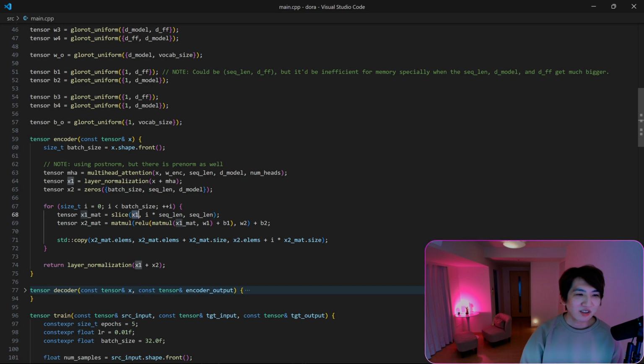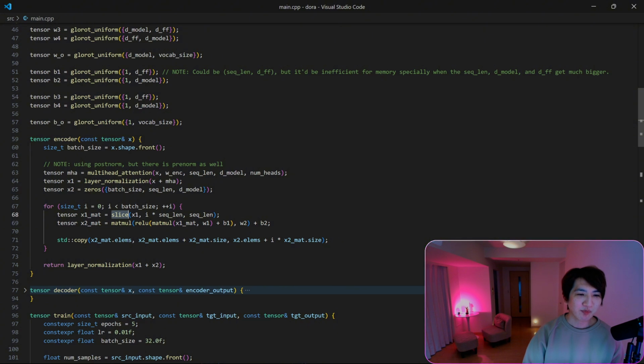Since x1 is a 3D tensor, I need to use this slice function to slice into matrices.